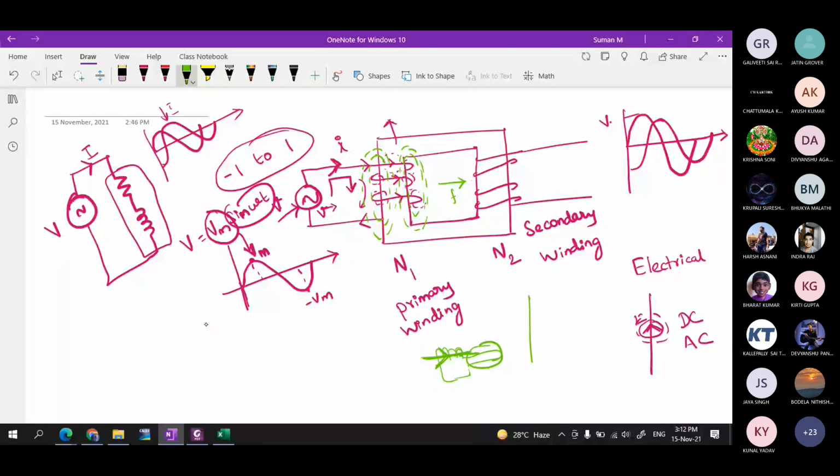For an easier understanding, you can also consider your fingers as the current direction and the thumb as the flux direction. Either way, it depends on you.